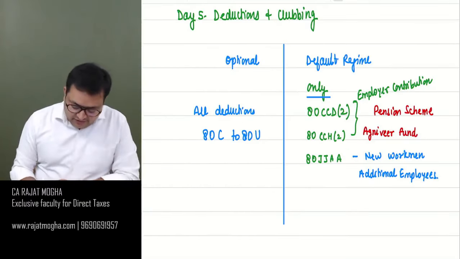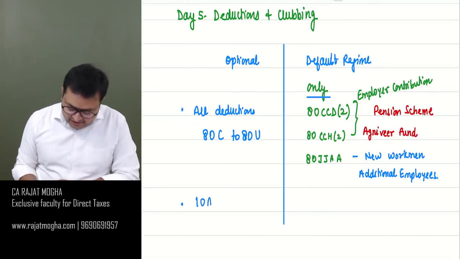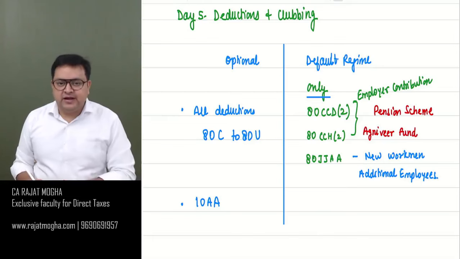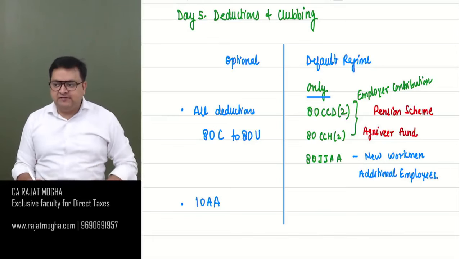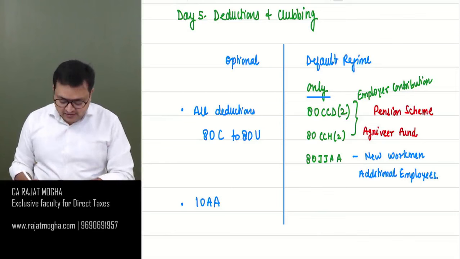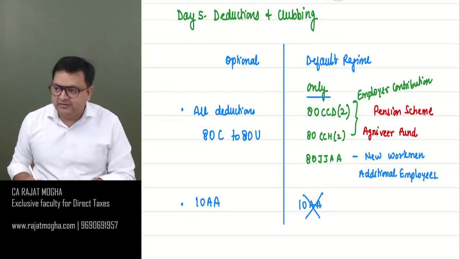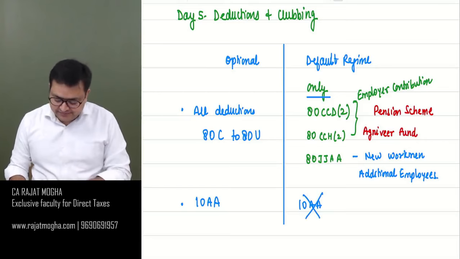Then there is one more deduction, although it is not of chapter 6A, but 10AA, SEZ. I think we will not be able to cover 10AA today, but with total income we'll definitely cover 10AA. So 10AA is available under optional regime, and it is not available in default regime.